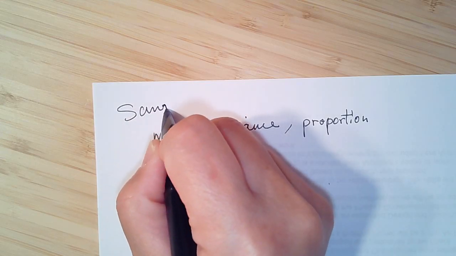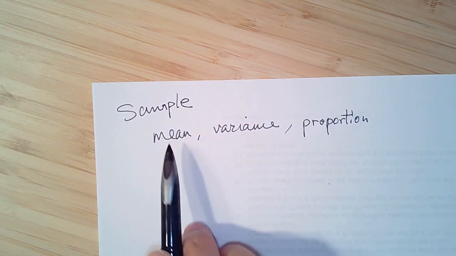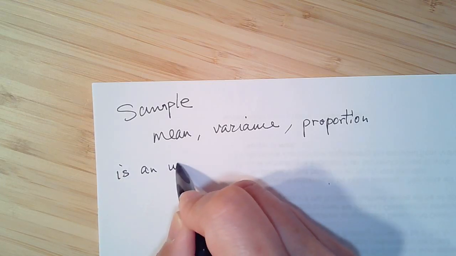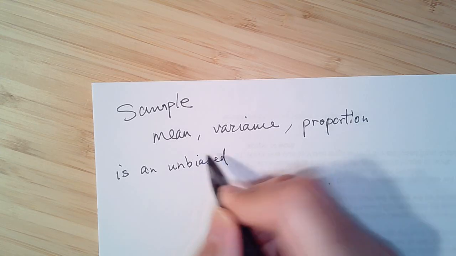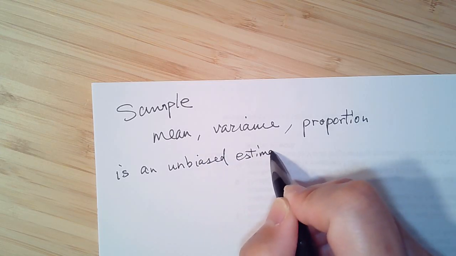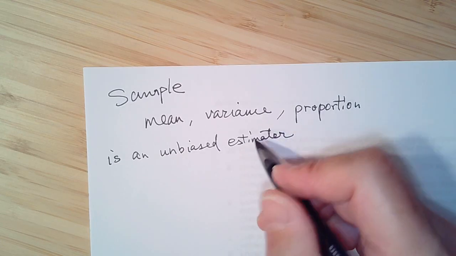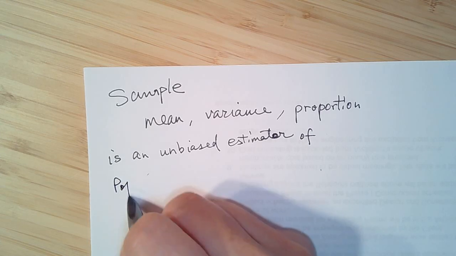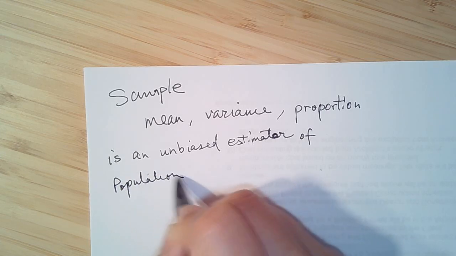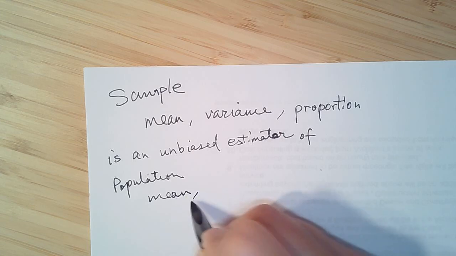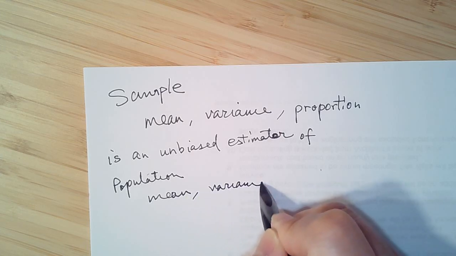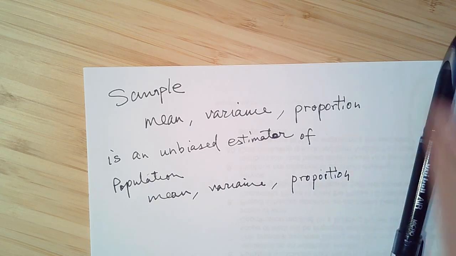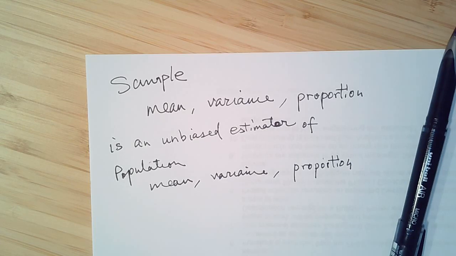Sample mean, sample variance, sample proportion is an unbiased estimator of population mean, variance, proportion. You just need to know this. I think that's the most important thing. Let me just get a different color.